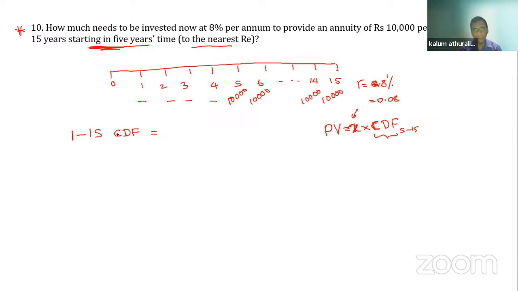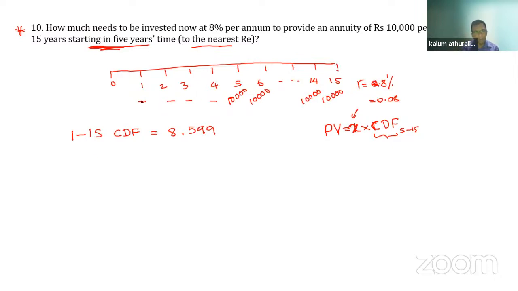Then find the 8% column and get the 15-year value of CDF. The 15-year value of CDF is 8.559.